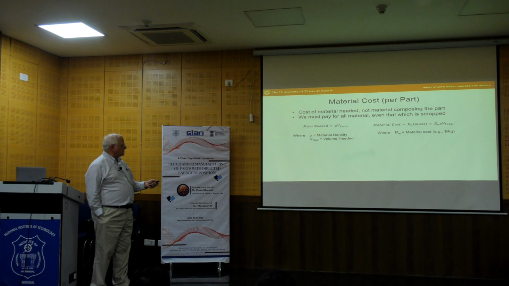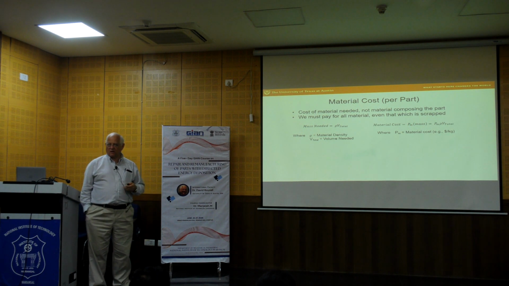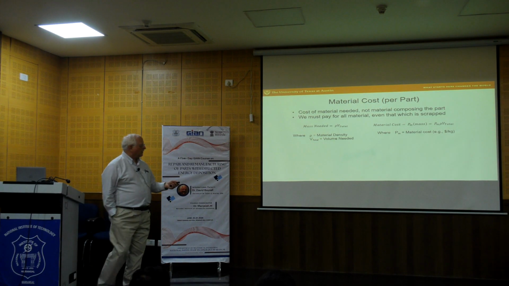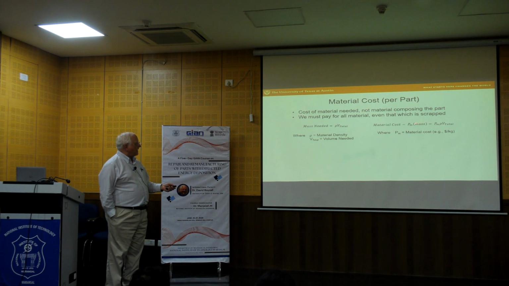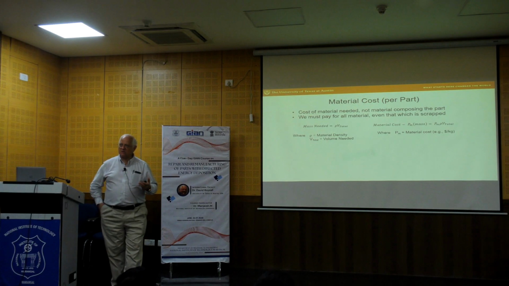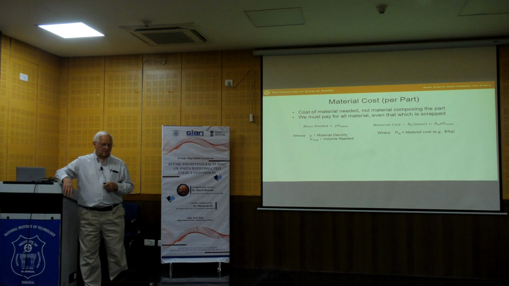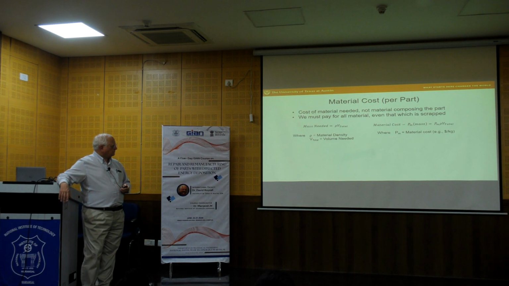The material cost is, say, so many dollars per kilogram. I take the mass and multiply it by the cost per unit mass. So it's dollars per kilogram times kilograms, giving me P times rho times V, which is just a cost in dollars.